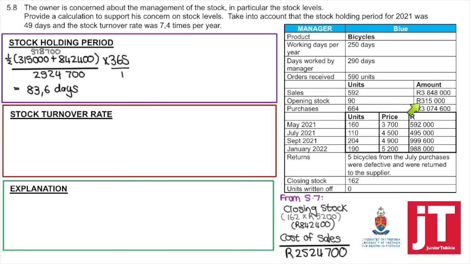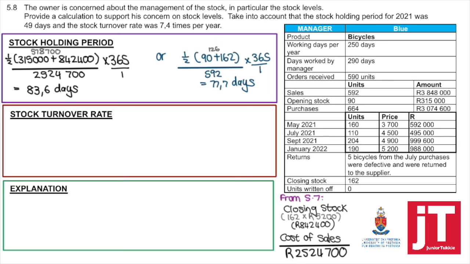Opening stock, 315,000 plus the closing stock calculated divided by 2, and we need to use the cost of sales, which we've calculated in 5.7, times 365 days. That equals 83.6 days.